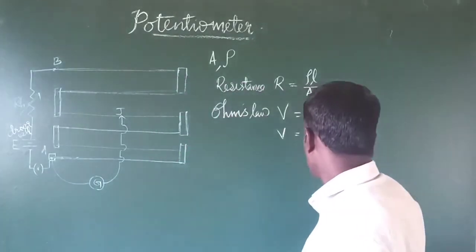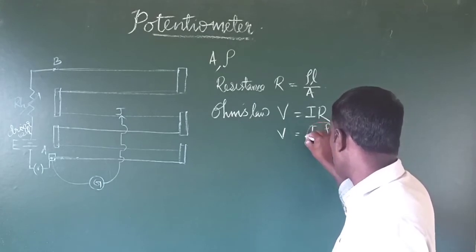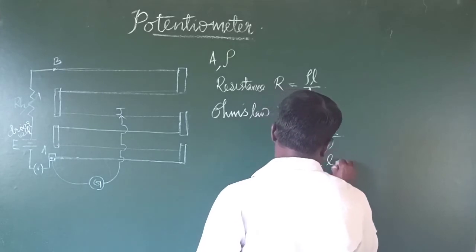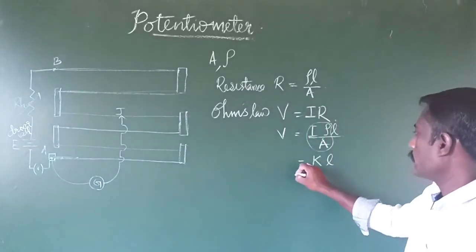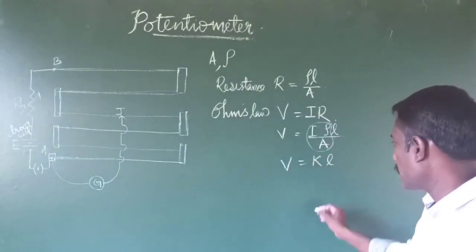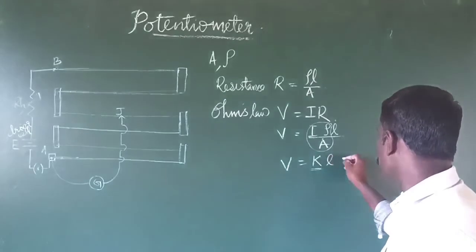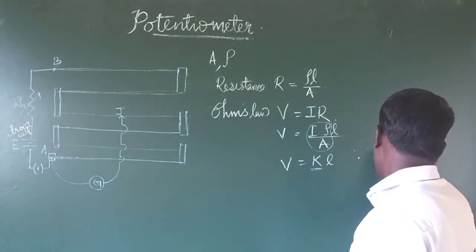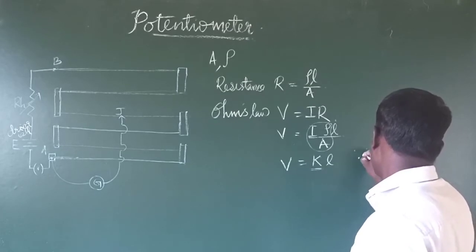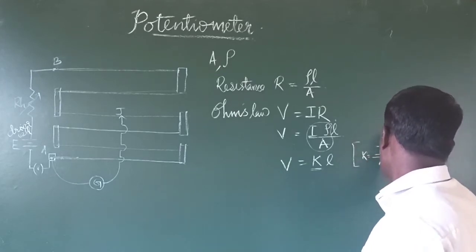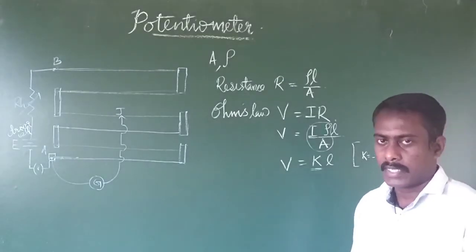This term all together can be written as K. So now we can write V is equal to K into L, where K is a constant. What is the value of K? K is equal to I into rho divided by A.